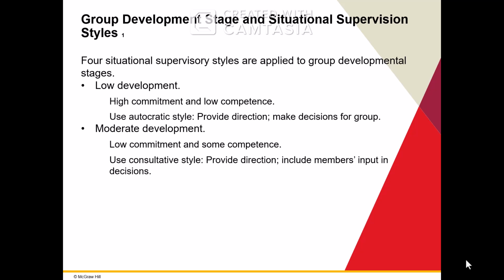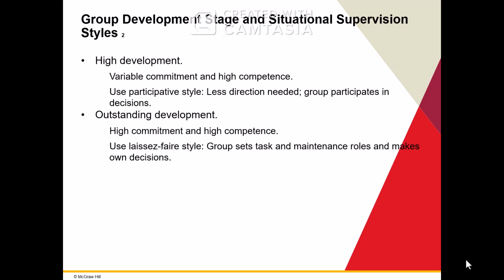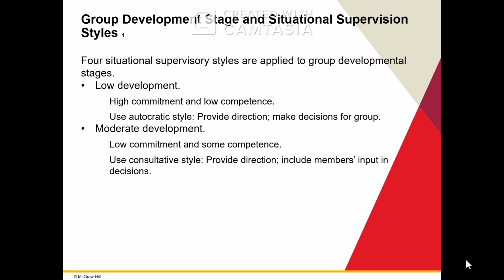First, we have low development stage, then moderate development stage, then high developed stage, and outstanding development. In the low development stage, high commitment and low competence might occur. So we need autocratic leadership style to provide direction and make decisions for the group.